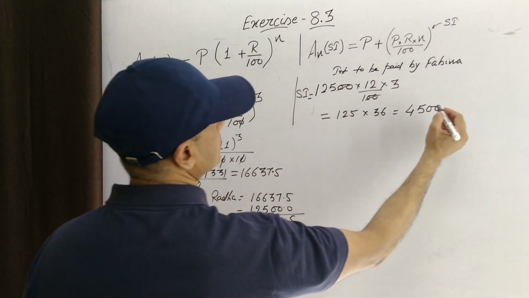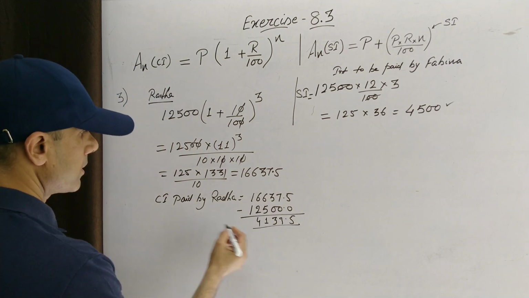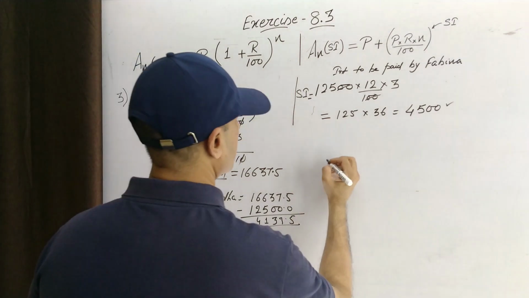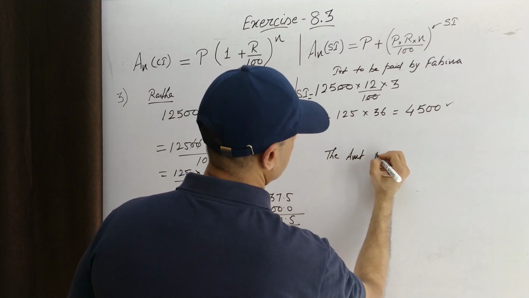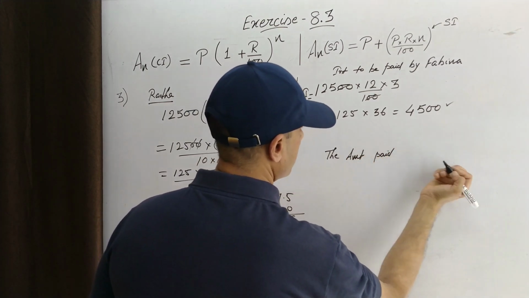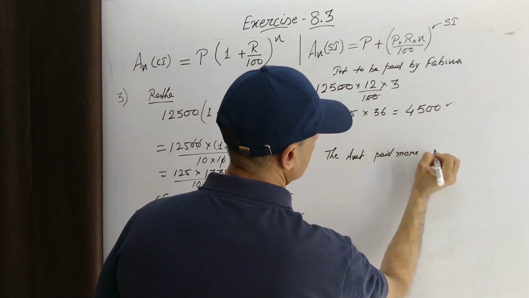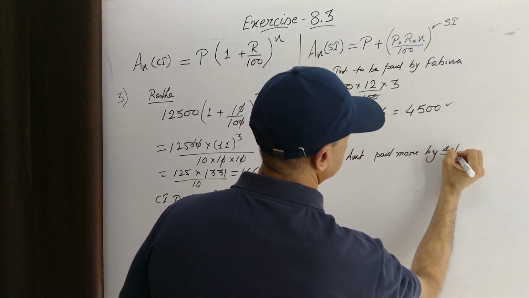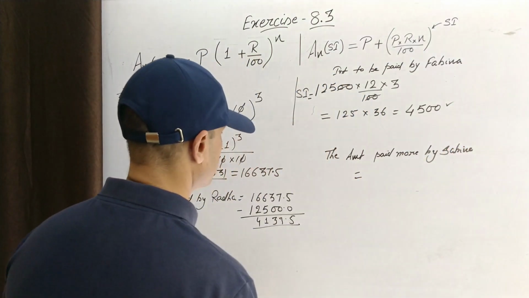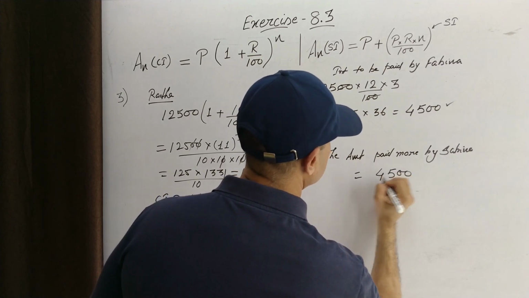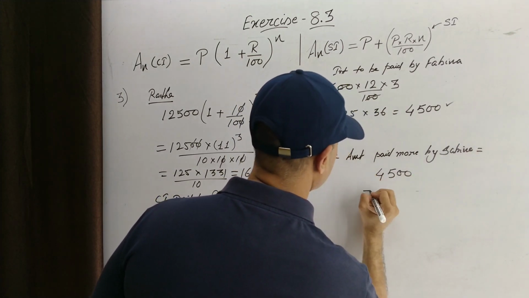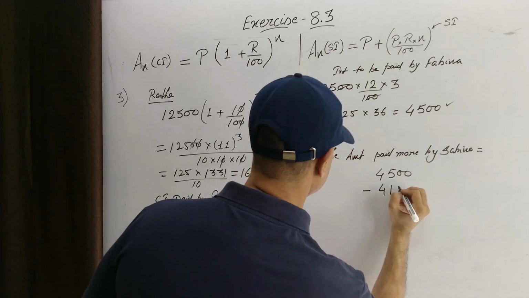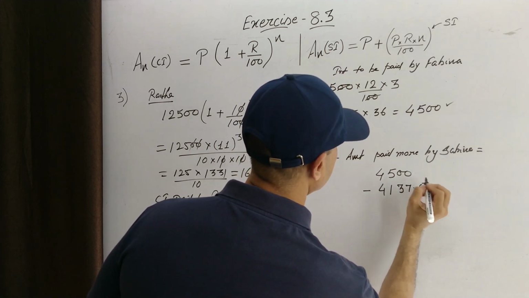Now we have to find who pays more interest. So of course Fabina pays more interest, and the amount paid more by Fabina is equal to 4,500 minus 4,137.5.